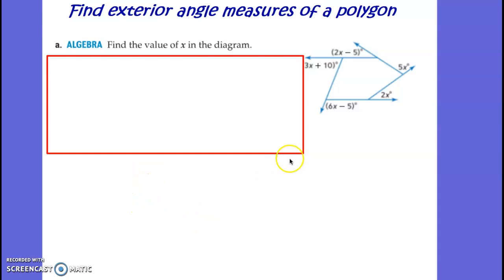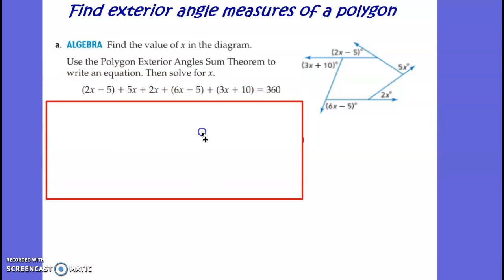So to find our exterior angle measures of a polygon, we have to find the value of x in this diagram. Based on our previous theorem that we just looked at, I know that every single exterior angle sum is always 360. So I can create an equation to solve for x. I have angle 2x minus 5 combined with the 5x, with the 2x, the 6x minus 5, the 3x plus 10 to give me that sum of 360.